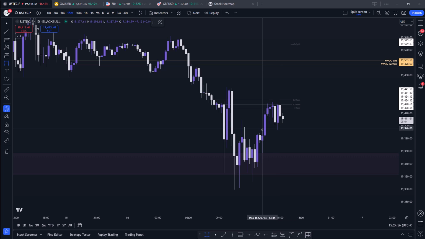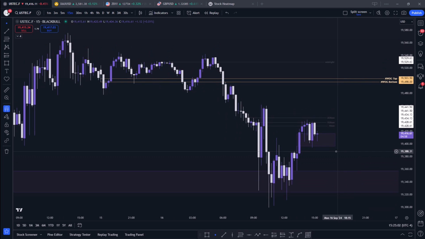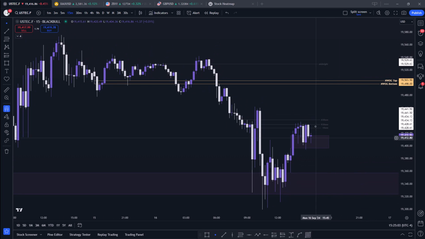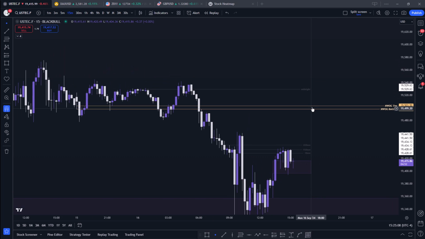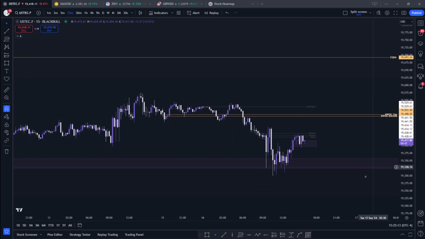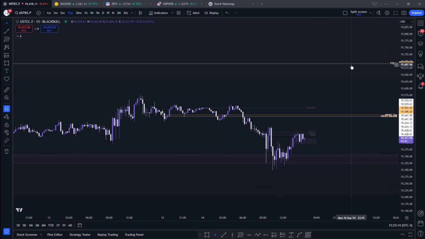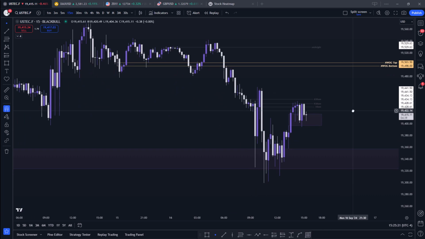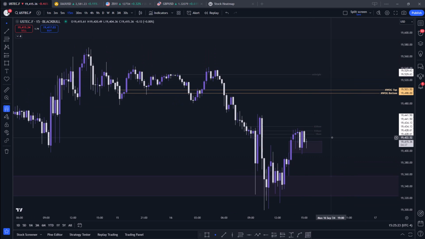Tomorrow we do have a red folder news event at 8:30 a.m. New York time, so I'm curious to see if that's going to push us higher, use this as some measure of support, then continue higher from there. Again, first target at the equal highs at the 19693 level. So that's my expectation on NASDAQ. That's what I'm looking for going forward.